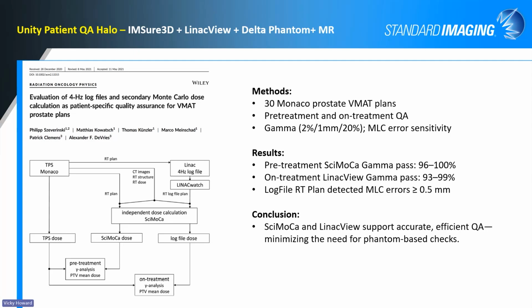So very good for really assessing the deliverability of the plans and seeing where there's issues very early on. So again, that supports the fact that you can set your thresholds for triggers much tighter than on the Linac itself. So in conclusion, SIMOCA and LinacView support accurate, efficient QA while minimizing the need for phantom-based checks, especially when you can't do them in general.